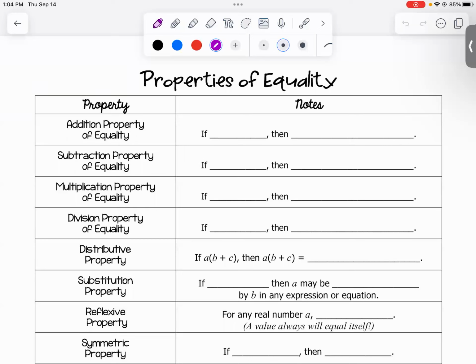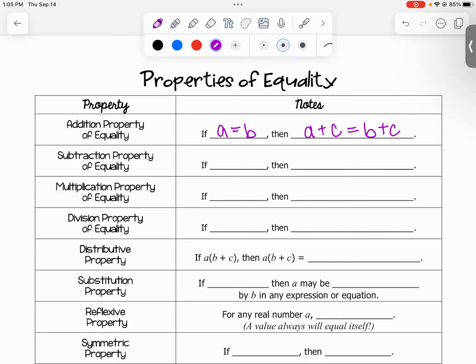Okay, so if A equals B, then A plus C equals B plus C. Basically, if you add something to both sides, that's called the addition property of equality. Like if you're solving for X and you have to add 2 to both sides to get it by itself, that's the addition property.